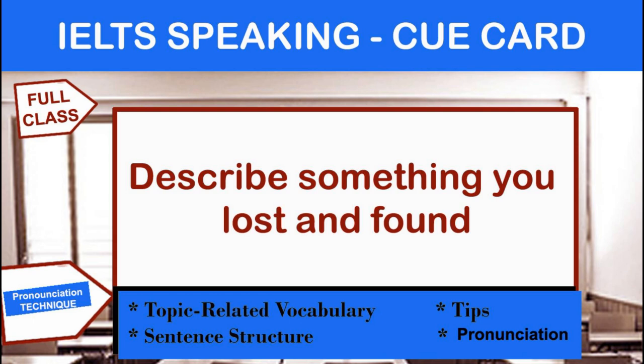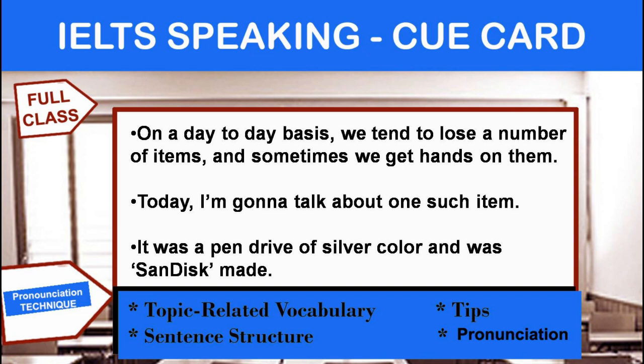On a day-to-day basis, we tend to lose a number of items and sometimes we get hands on them. Now let us try to understand this sentence. We have started with a natural connector, on a day-to-day basis. Very important, note it down. Instead of using artificial connectors, I always suggest my students to use natural connectors such as on a day-to-day basis.